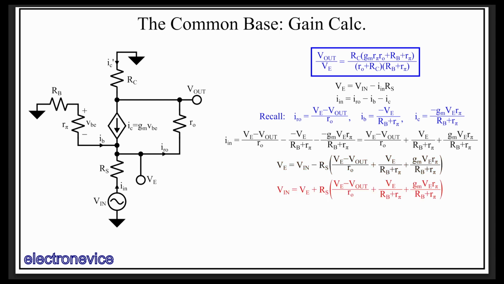As we gather all the VE terms on one side and all the Vin terms on the other, note that there's a V out in there, so we need to use our expression for V out over VE to get that V out in terms of VE, which makes the equations even messier. If you wish to examine each equation step by step, you may pause the video. However, I won't discuss each algebraic manipulation as they do not add much to the discussion and are merely a means to an end.